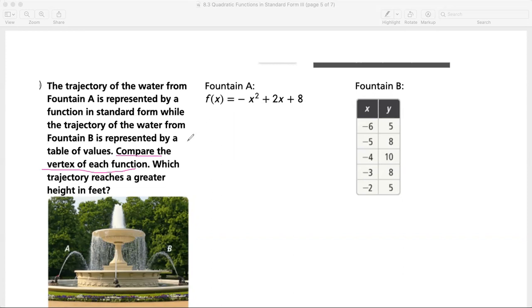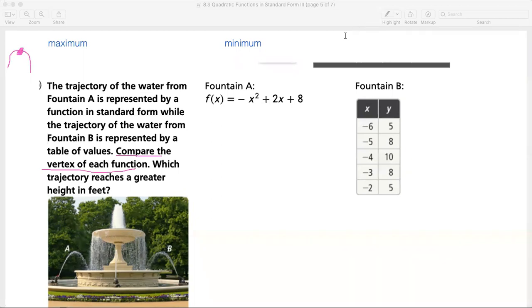Okay, guys, so here's the thing. Let's talk about some vocab here. I want to talk about the words maximum and minimum. The word maximum, and then I'm going to put minimum here. This has to do with the vertex. So a maximum is when your graph is facing down, because your vertex is the highest point of the graph.